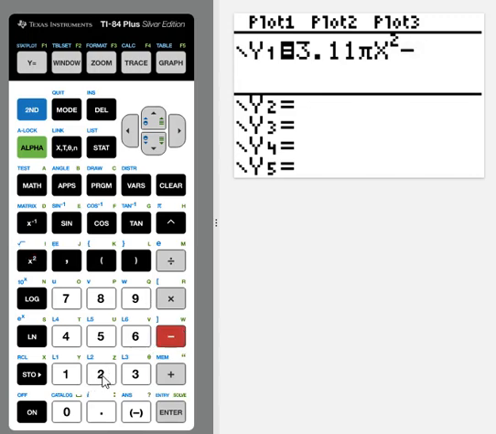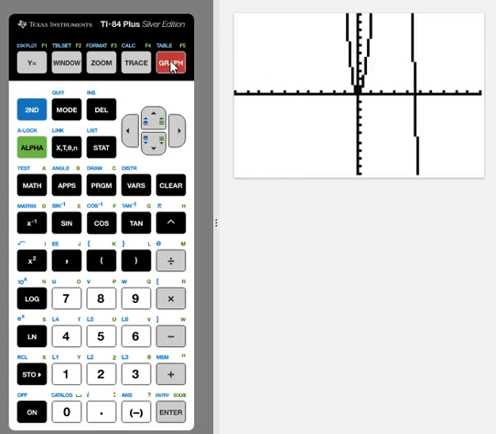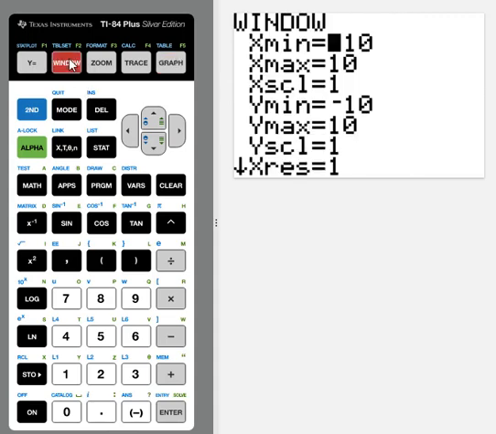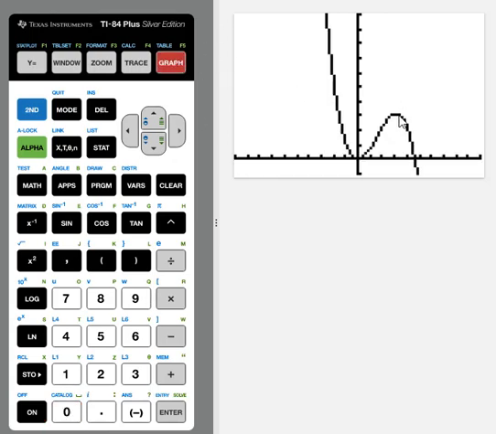Then minus 2 divided by 3 pi x to the third power. Then we go to graph. We need a maximum point, so we need to change the y maximum. Let's do 100. Here we do 10. Graph.